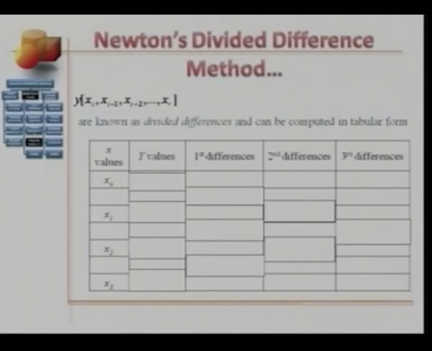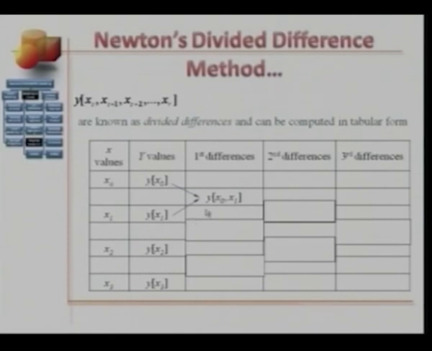Correspondingly, we'll have y within square parenthesis x0, which is simply y0, y within square parenthesis x1, which is simply y1, this is y2, and likewise this is y3. How would you compute the first divided differences? You need to use only this information.